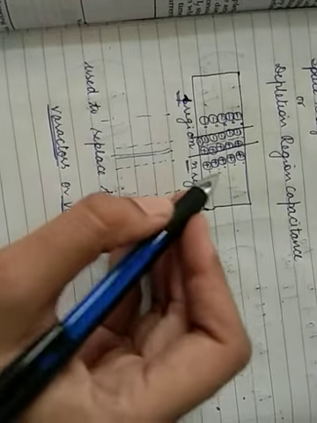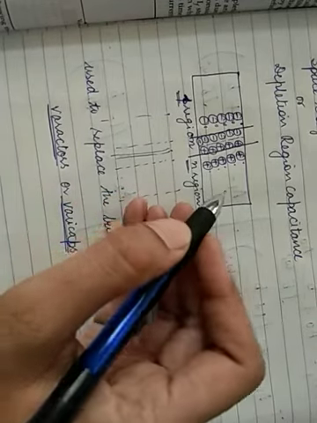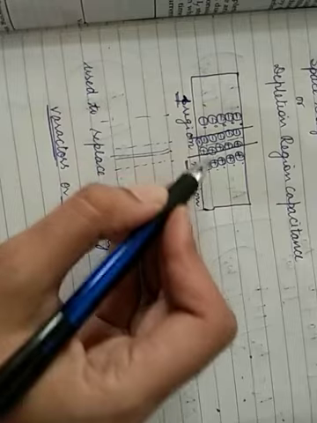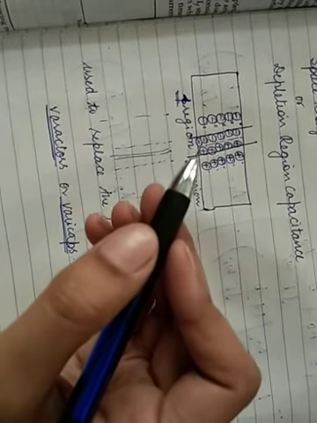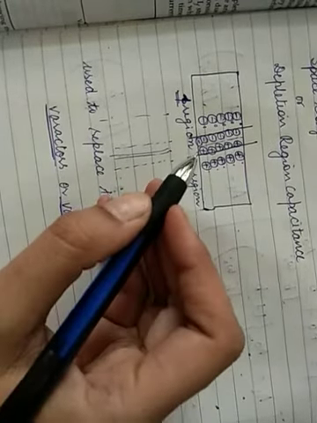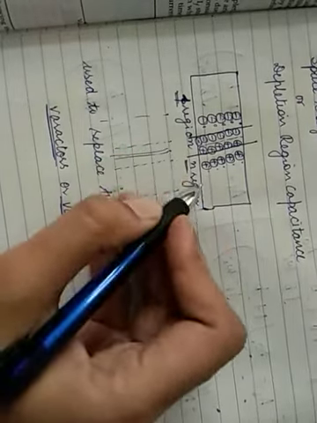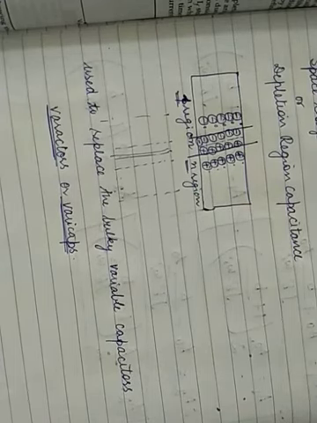When more reverse voltage is applied, the space charge region is wider, so there is less capacitance. As we widen the space charge region, CT would decrease. So it would act as a variable capacitor.